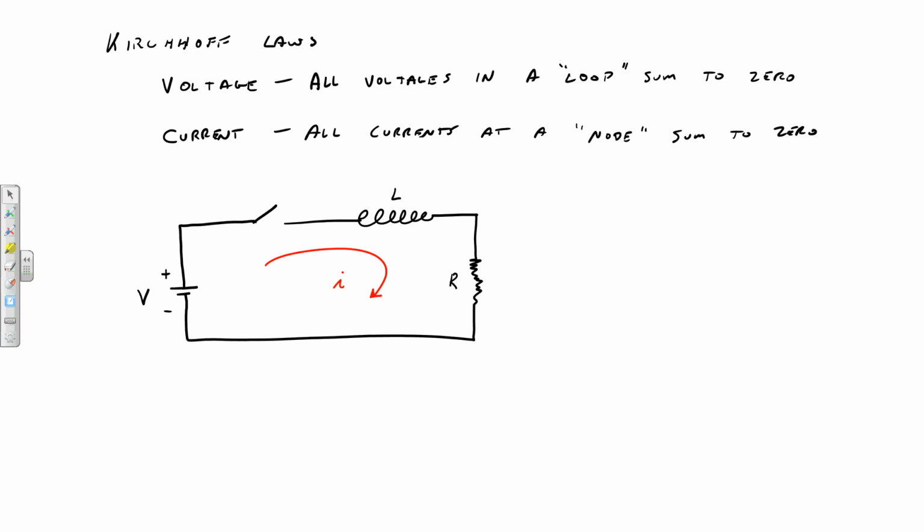Okay, so how do I sum the voltages around this loop? Well, I start with my voltage, and you can call it input voltage or whatever, which is V. Now this is a switch. I'm assuming that the switch is going to be turned so that it starts, but there's a reason I put that switch in there. The book does not put that switch in there, and I think you kind of miss something when you don't.